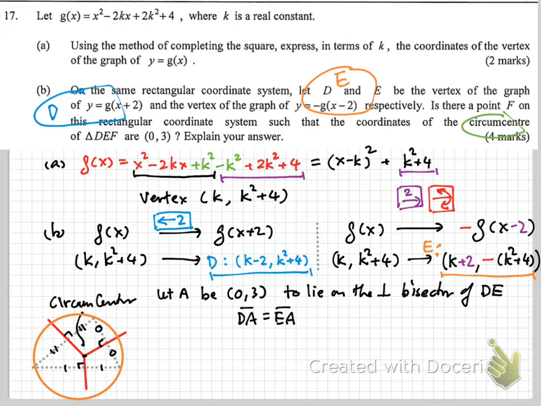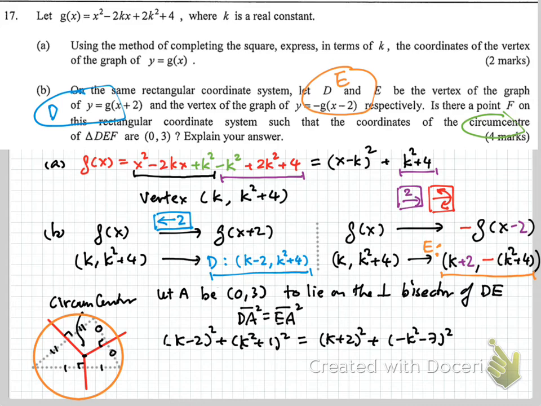Alright, so we can find the square of the distance between them. For (0, 3), that is (k minus 2) squared, plus (k squared plus 1) all squared. That is the distance DA squared. At the same time, the distance EA squared is (k plus 2) squared, plus (negative k squared minus 7) squared.